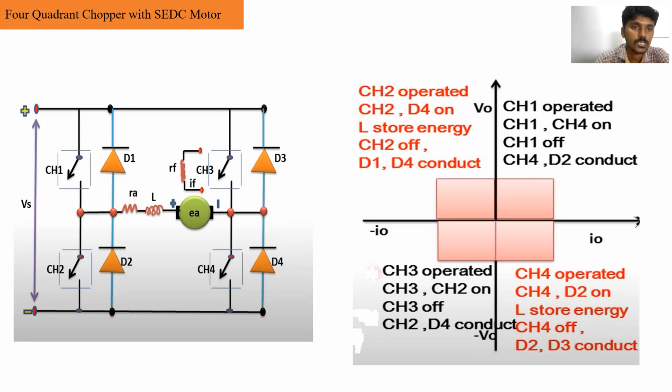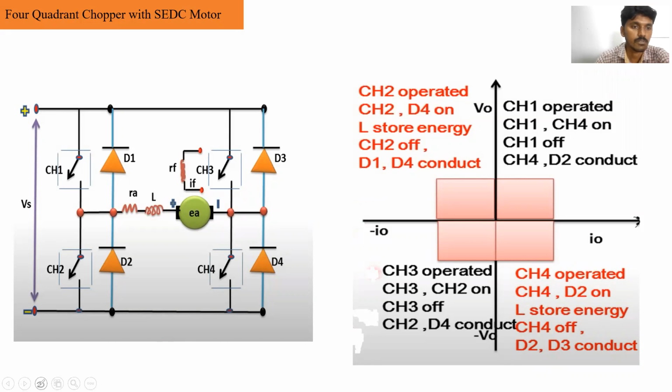If it is a shunt motor, there is no need to draw this field winding. In a series motor also, the field winding need not be drawn, because in series type motors the field and armature windings are connected in series. That depends upon the type of motor. So how is this 4-quadrant chopper operated?